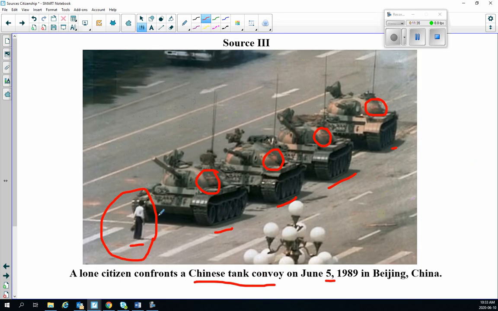I mean, how is Tank Man going to symbolize violence? How could he even carry out violence? He has nothing. He's got a briefcase in his left hand, and he's staring into the barrel of a giant T-72 tank. So again, nonviolent protest. So that could be a theme that links the three sources. It's showing you the effectiveness of nonviolent protest.